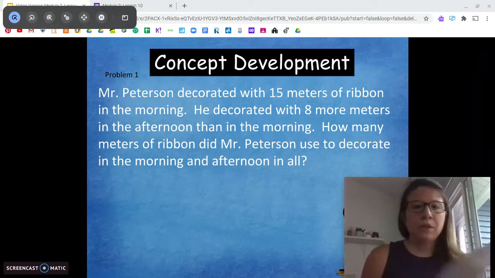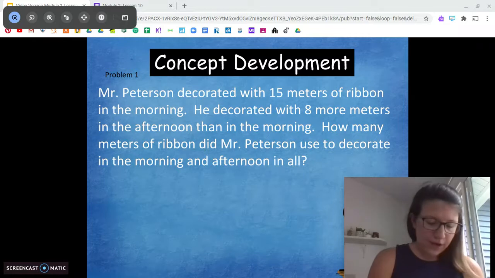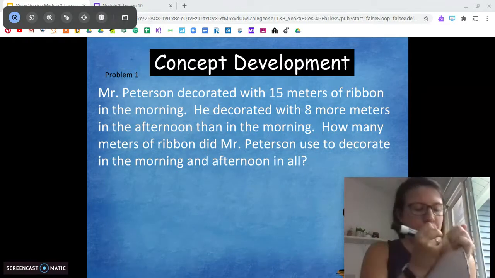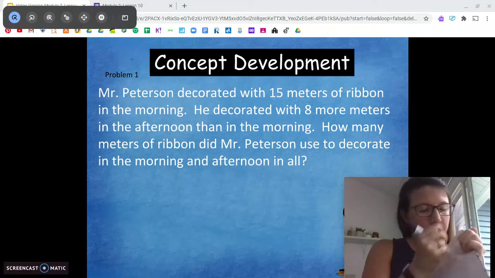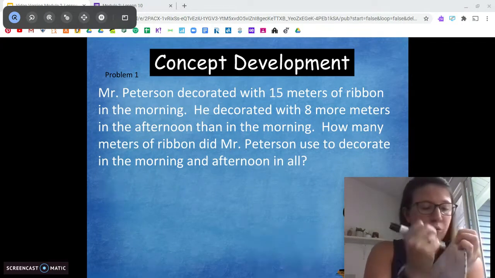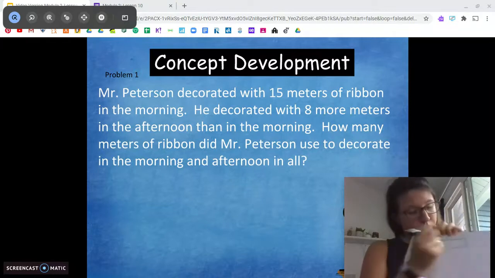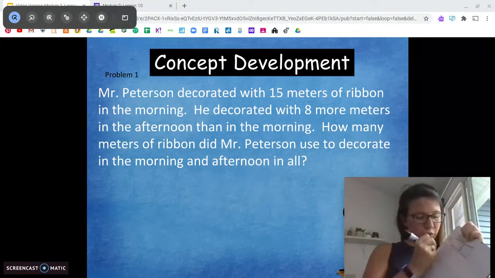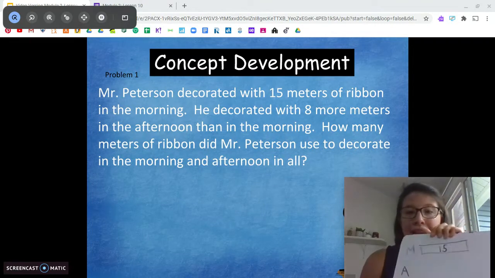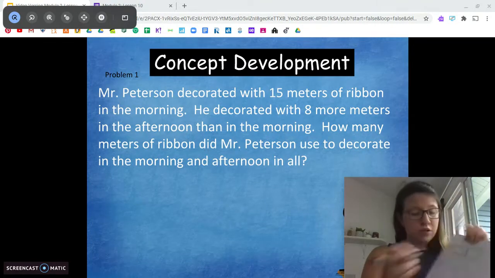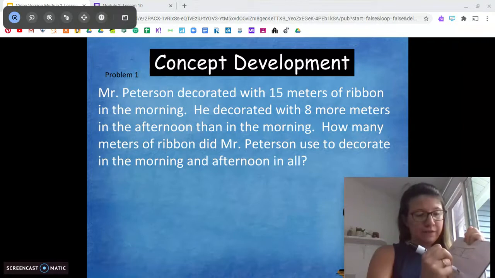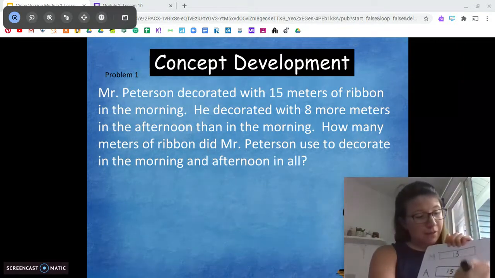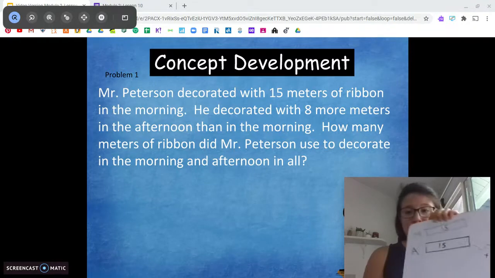So we know he decorated with, I'm going to put an M for morning. My pen's running out a little bit. He decorated with how many meters of ribbon in the morning? 15. Very good. Now, in the afternoon, he decorated with 8 more meters. So, I'm going to draw the 15 because I know he at least did 15 plus 8 more.